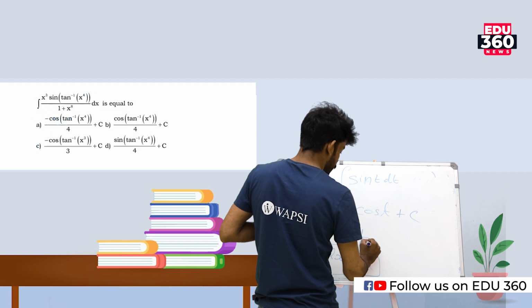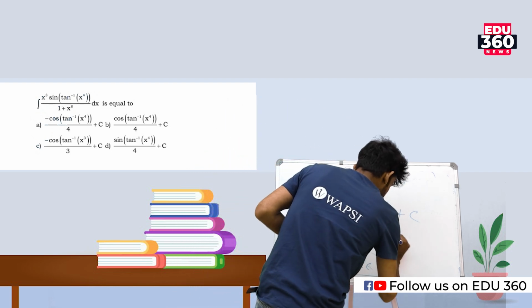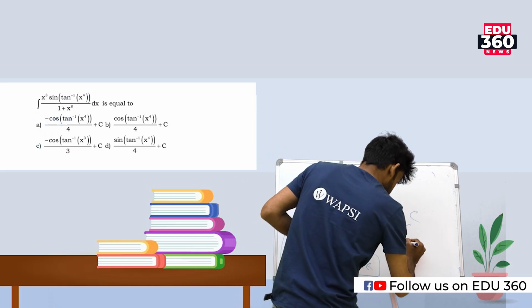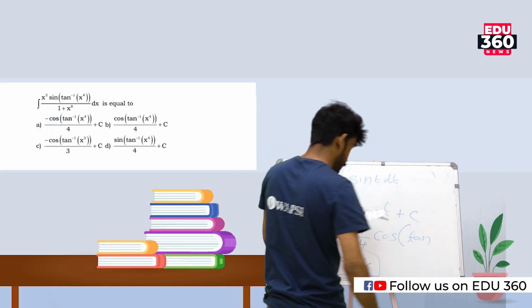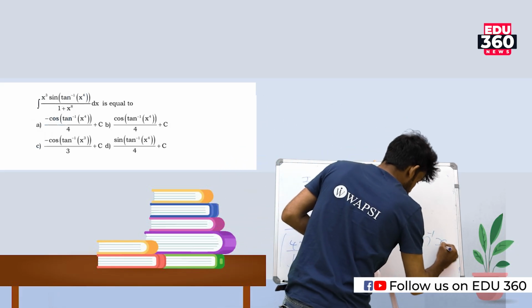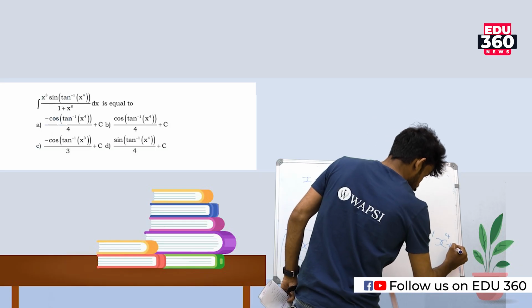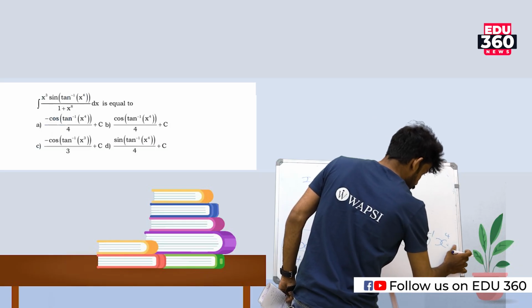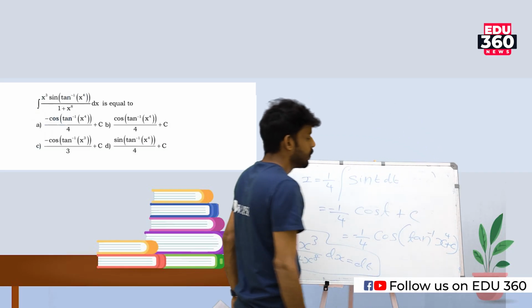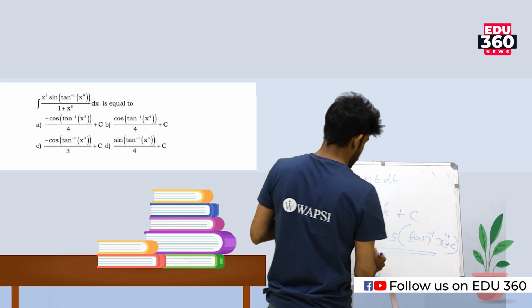That gives minus 1 by 4 cos of tan inverse x raised to 4, divided by 4, plus c. Okay, so this is the final answer.